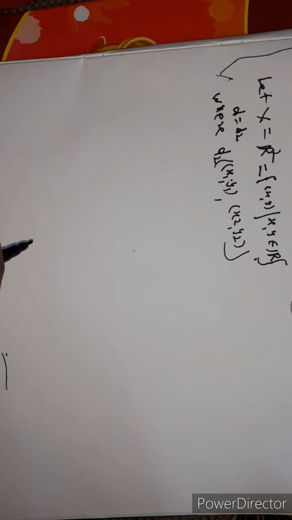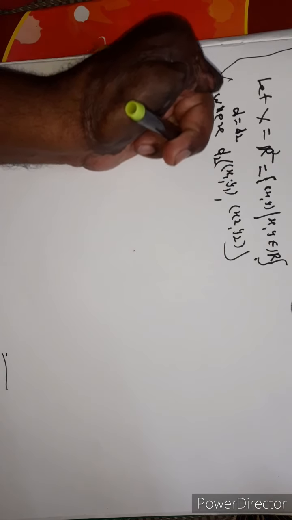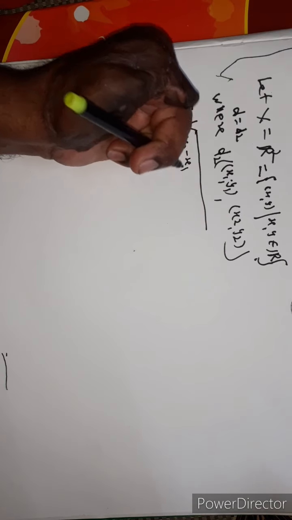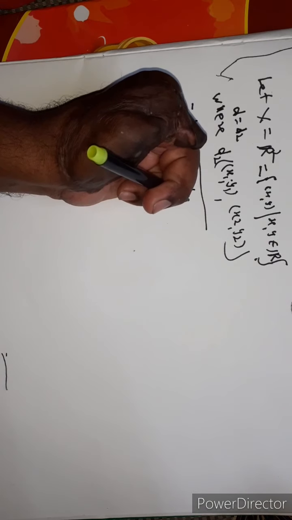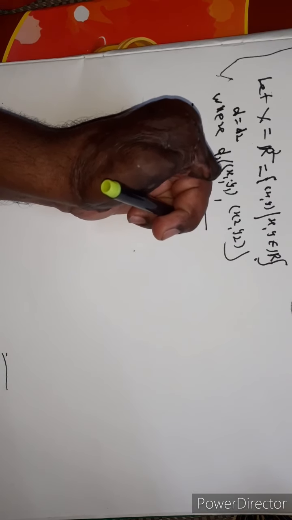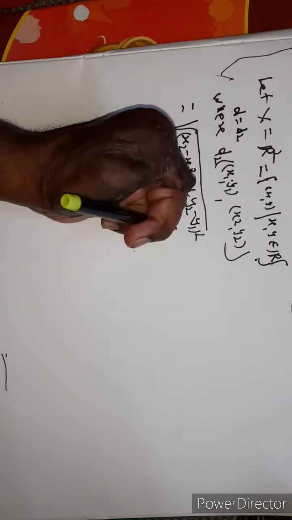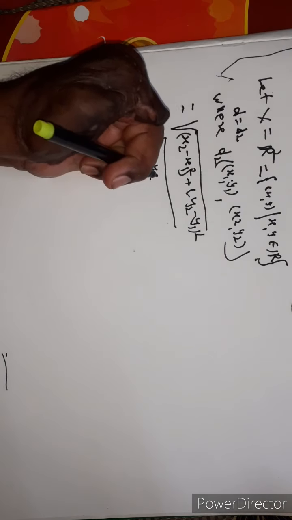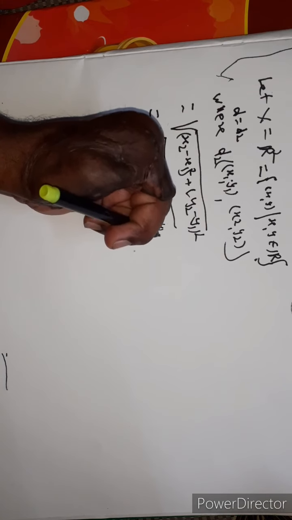Therefore, the D2 distance between (x1, y1) and (x2, y2) is equal to the square root of (x2 minus x1) the whole square plus (y2 minus y1) the whole square, which is equal to the square root of (x1 minus x2) the whole square plus (y1 minus y2) the whole square.